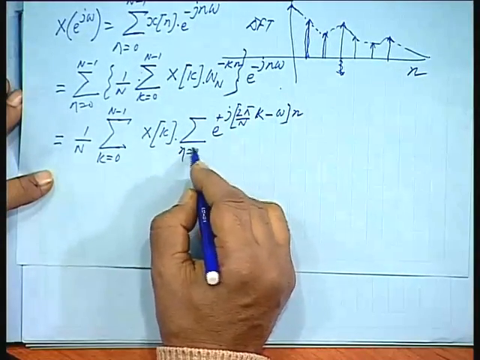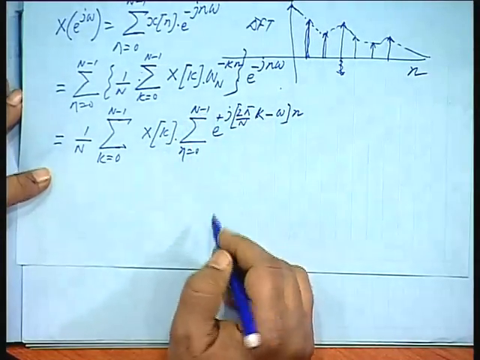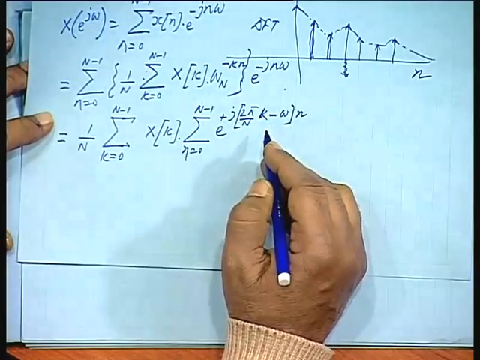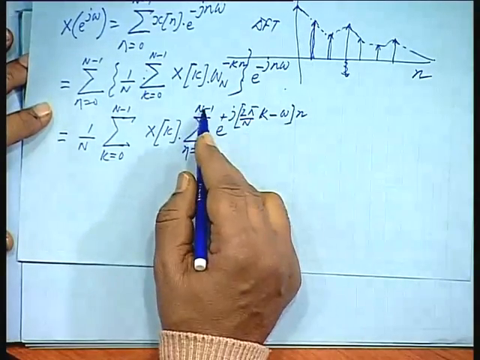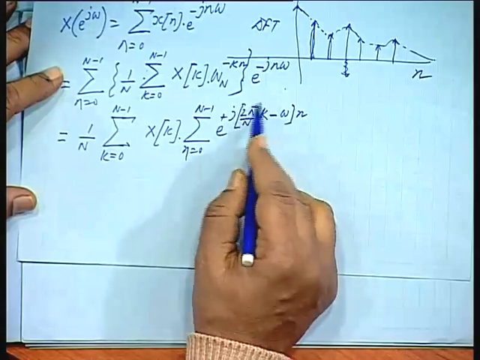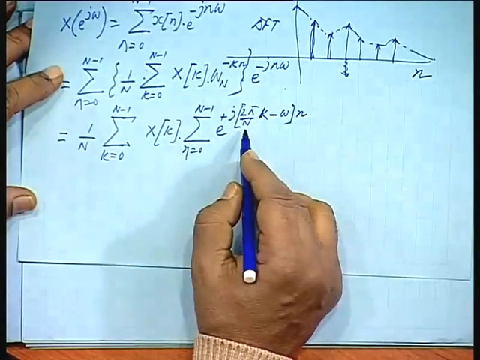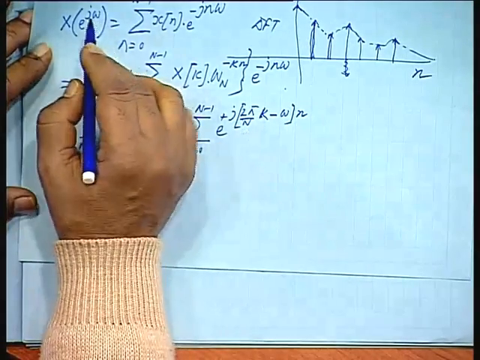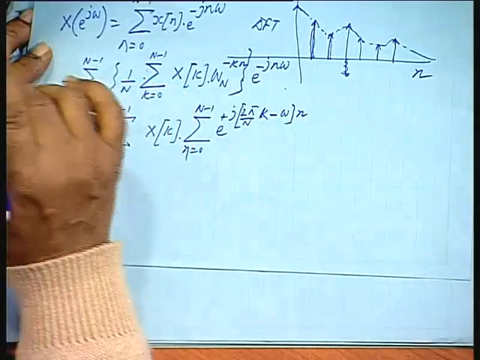So, what you are adding up is capital N number of terms, a summation of these exponential terms, all right, for a particular value of omega. We are now trying to find the continuous domain representation of that frequency function.